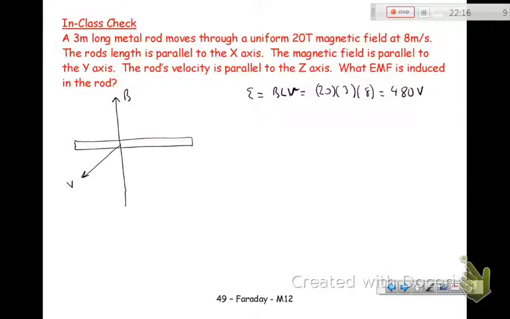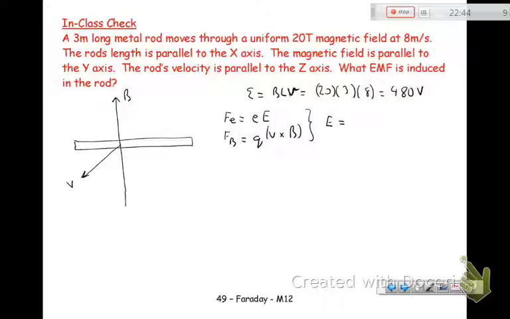But if I couldn't remember that, remember that it is about the balance between your electric force and your magnetic force. So F_E is equal to qE, and F_B is equal to qv crossed with B. I put these two equal to each other.